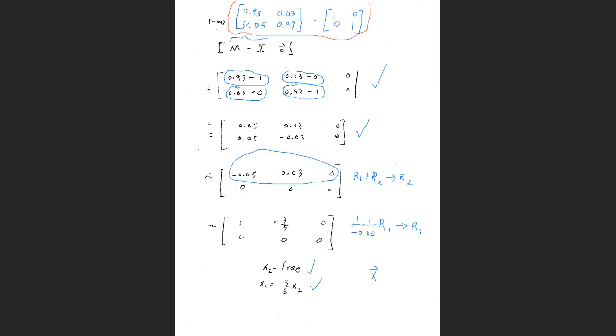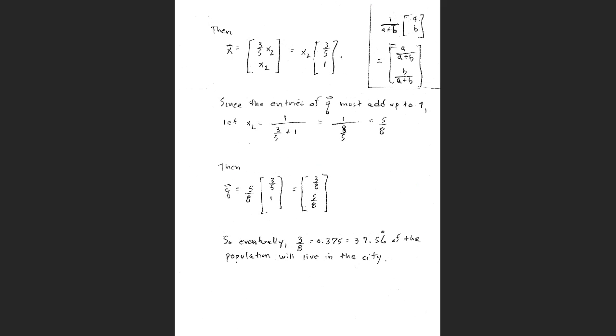So the vector x is going to be equal to 3/5 x2 and x2, but I'll factor out an x2, and I write that solution vector x in parametric vector form. But you see the entries of q have to add up to 1. The entries of my steady state vector q need to add up to 1 because they're probabilities.